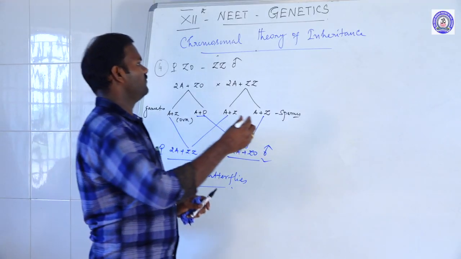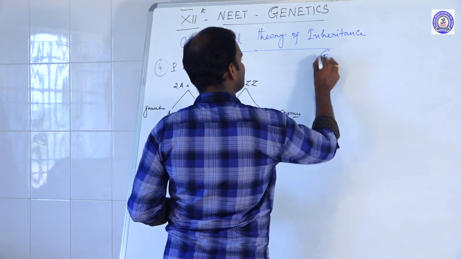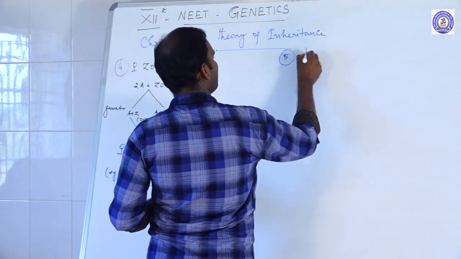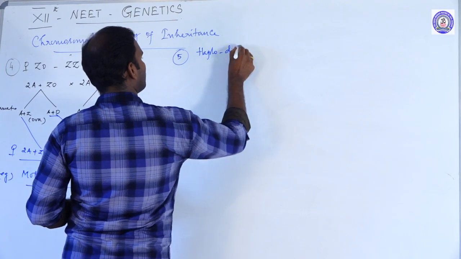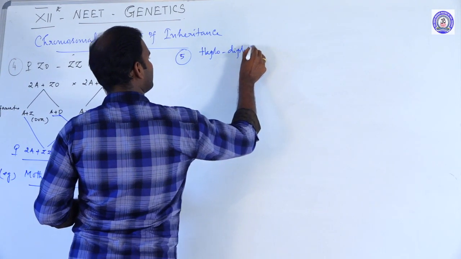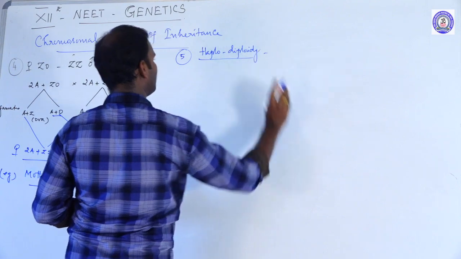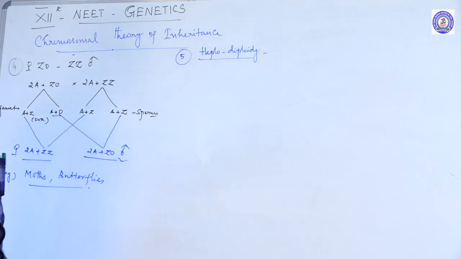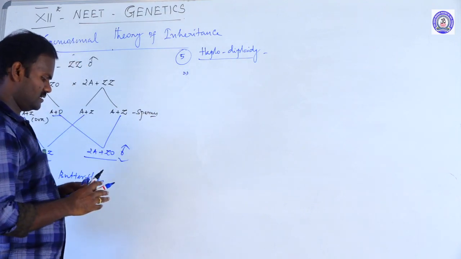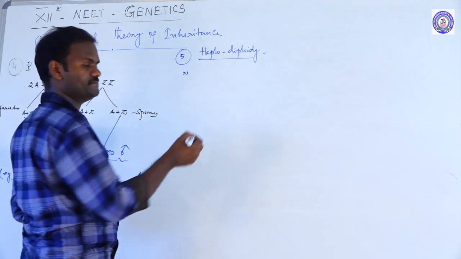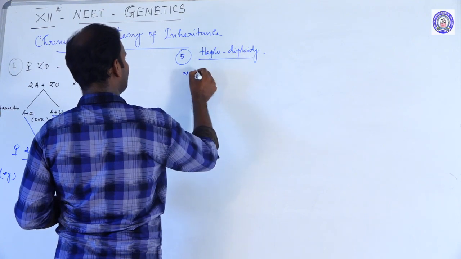Next, the fifth type of sex determination. These are called haplodiploid sex determination. So this type of sex determination is present in some animals, for example honeybee.